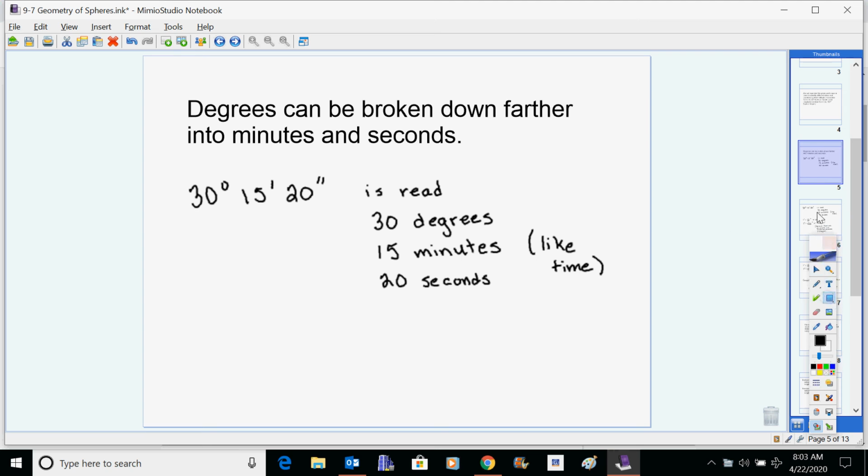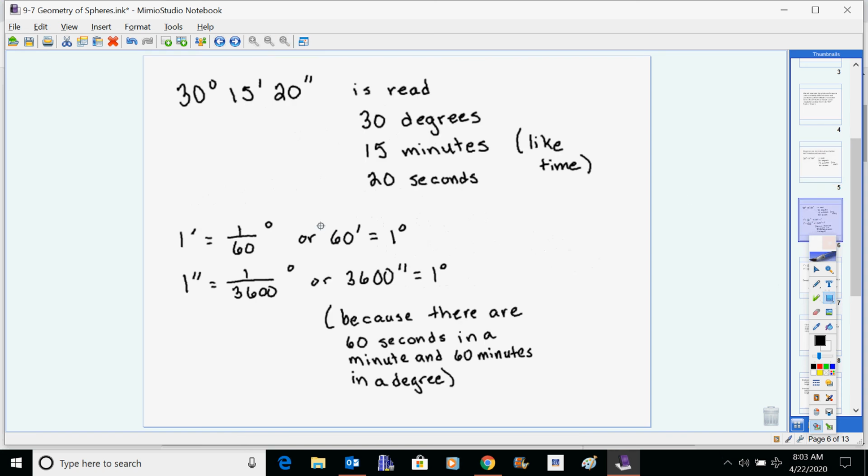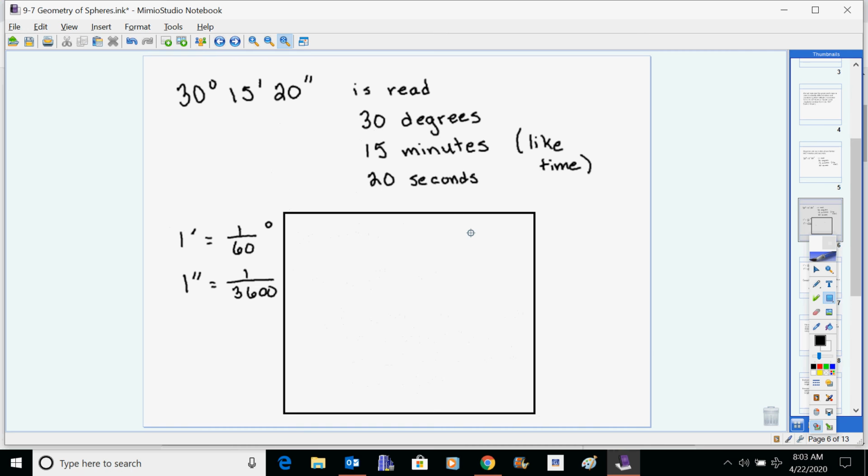Here we're finally going to get to do some calculations, the rest of it just so that you could understand our context. If I'm trying to read this, I would read it as 30 degrees, 15 minutes, 20 seconds, just as I said a moment ago. 1 minute is 1/60th of a degree, and 1 second is 1/3600th of a degree, because there are 60 seconds in a minute.